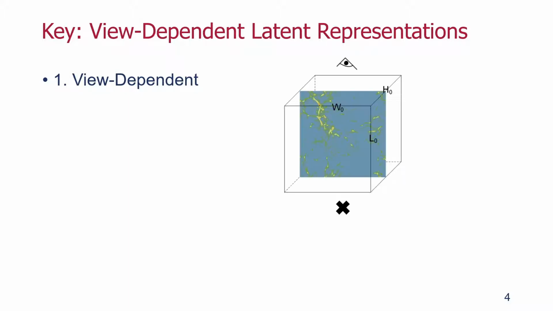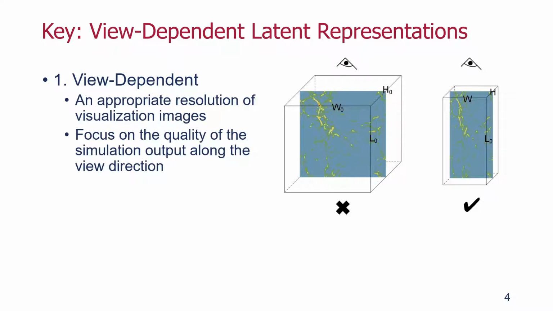As I mentioned before, the key of our work is to use view-dependent latent representations. First, I'm going to explain why a view-dependent strategy is necessary. Look at the right figure. Imagine that we have a very high-resolution simulation output. In that case, we may not want to visualize it with its raw data resolution, because that is not necessary at all.